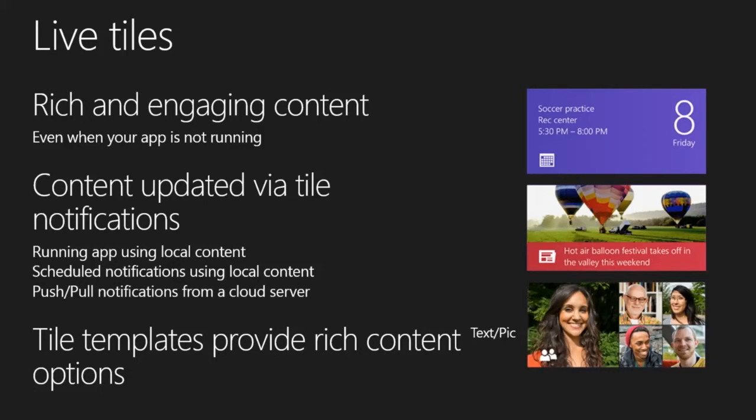You can have scheduled notifications using that local content. And of course, they can push and pull from any hosting location, such as a cloud server. The great thing is you can have images, you can have typography-based content, or you can have a combination of the two.